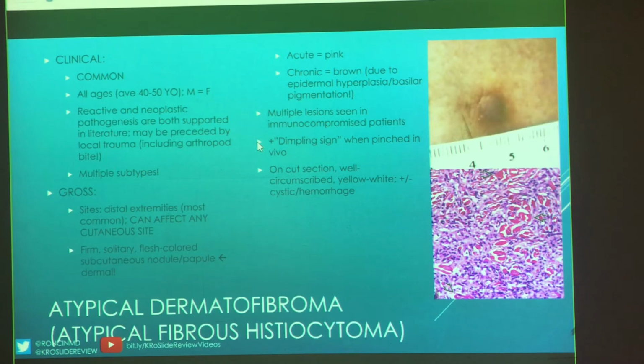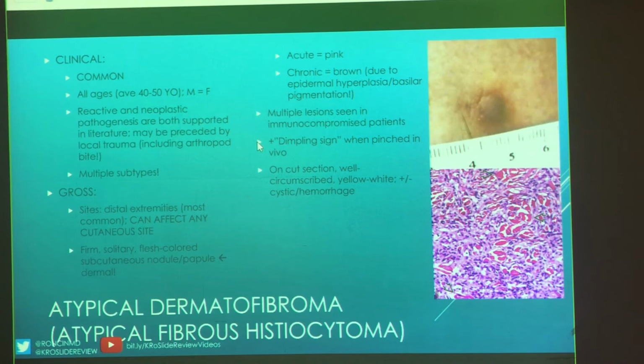So these are relatively common lesions. Not the fact that it's an atypical dermatofibroma, but dermatofibroma itself is common. These occur in all ages, but they average in middle-aged adults, no sex predilection, and they have both a reactive and neoplastic etiology. So they can either be preceded by trauma, so even something as simple as a bug bite can lead to dermatofibroma.